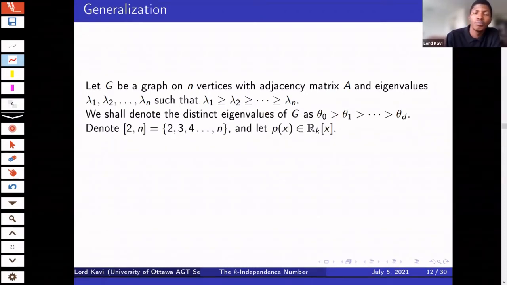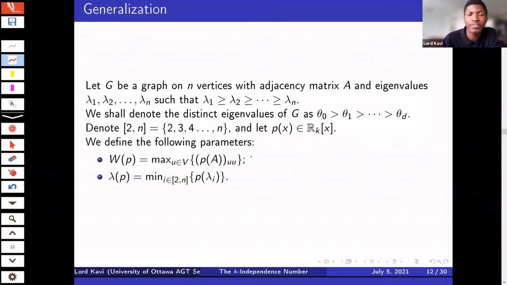So we have a real-valued coefficient polynomial with degree at most k. We have two parameters, W of p and lambda of p, where W of p is, if we evaluate the matrix at the polynomial p, the largest value on the diagonal of p of the matrix.